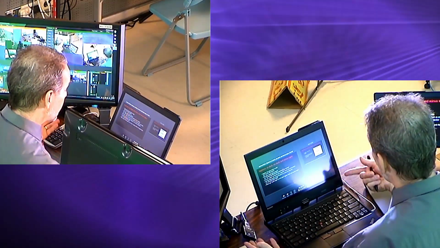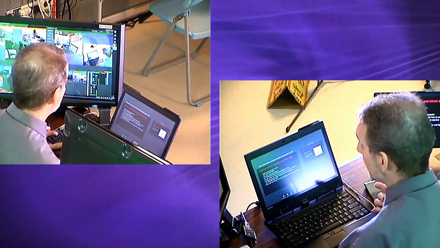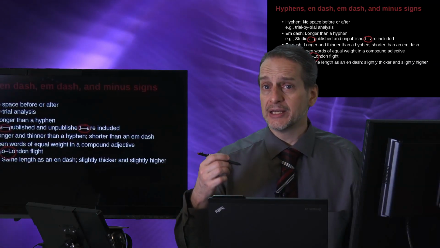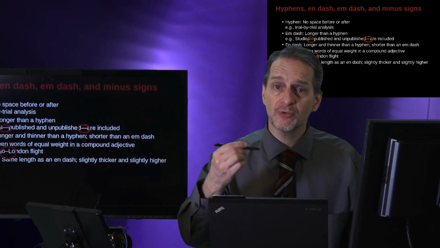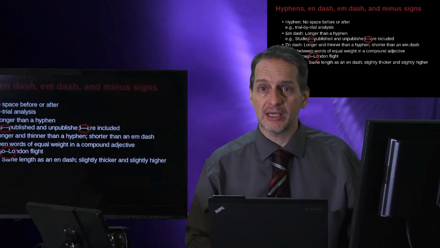So how can we do this? Well, that's where the trouble comes in. We really can't do it by just typing. We can only do it by using the special fonts that are inside your program, like Microsoft Word or LibreOffice, or you can sometimes represent it in special ways.